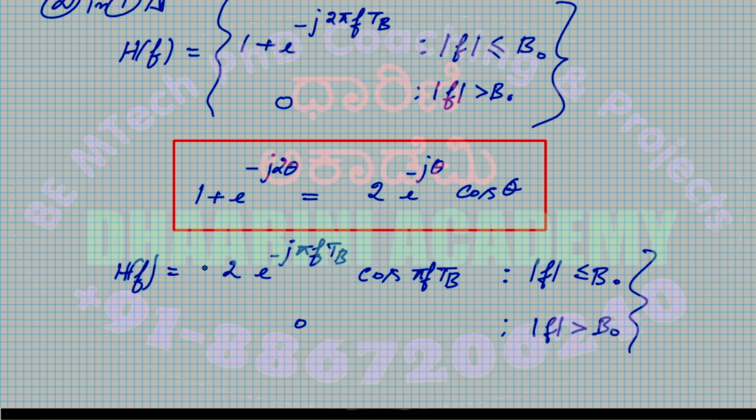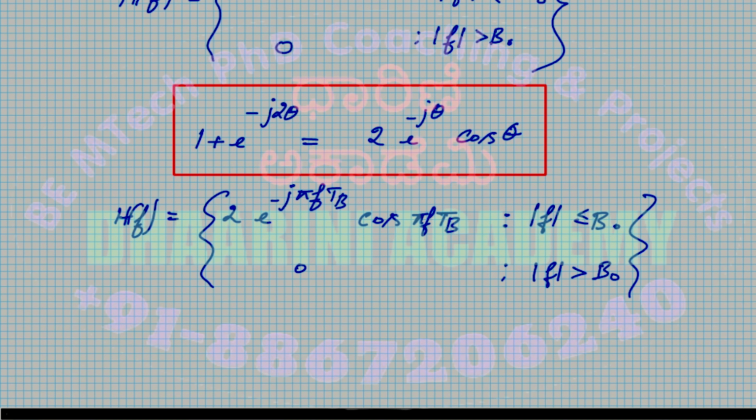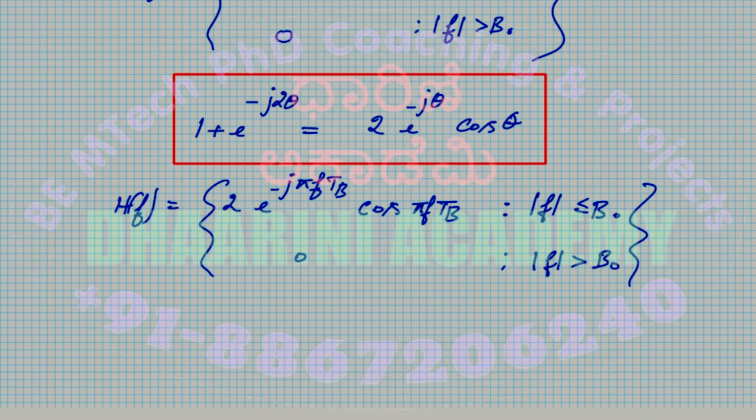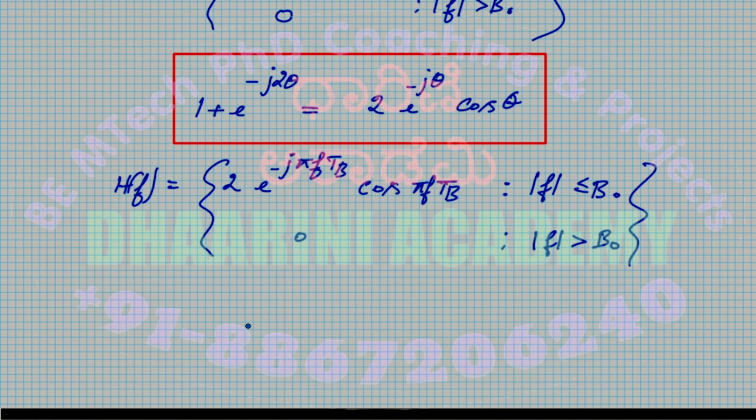Now, normally whenever we try to plot the Fourier transform, if you remember, we cannot plot the Fourier transform as it is directly. Can you tell me what is the reason? For example, I have a signal x of t. I take its Fourier representation, that is, I get X of f.